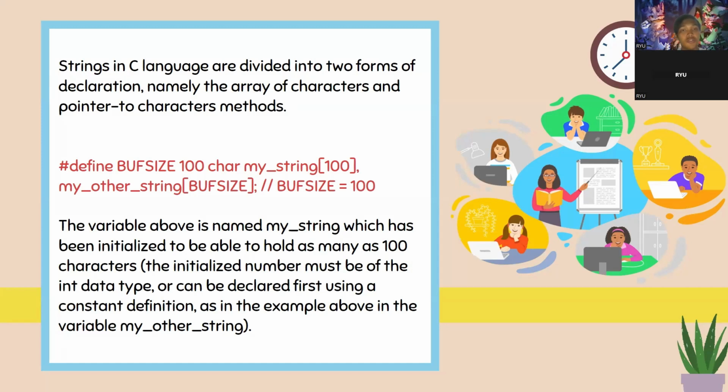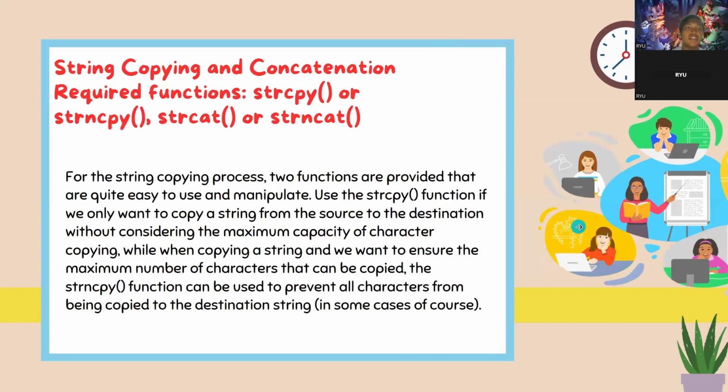The variable above is named my_string, which has been initialized to be able to hold as many as 100 characters. The initialized number must be an integer data type, or can be declared first using a constant definition, as in this example above. So we can see that BUFF_SIZE is 100.